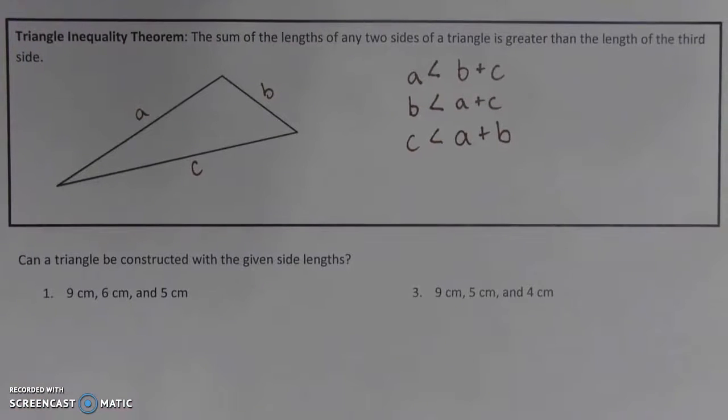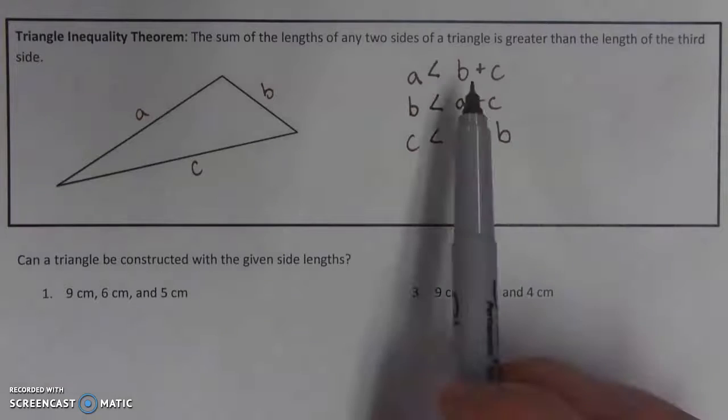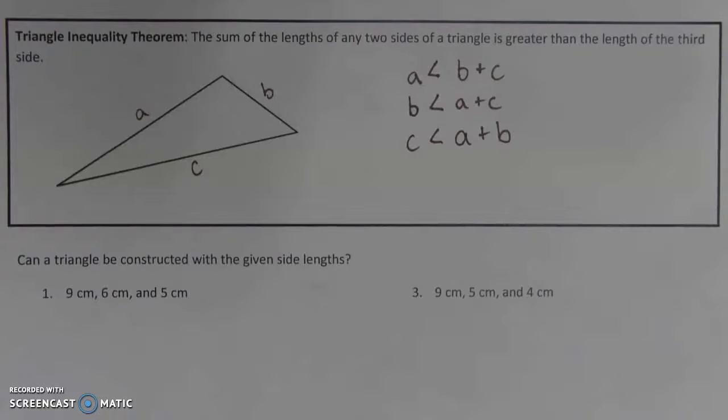And we can use that to figure out whether triangles we design will work even if we don't have the physically drawn triangle. We can do this using this theorem, and you can also do this just by measuring things out. So let's take a look. So I'm asked if I can construct a triangle with the side lengths 9 centimeters, 6 centimeters, and 5 centimeters.